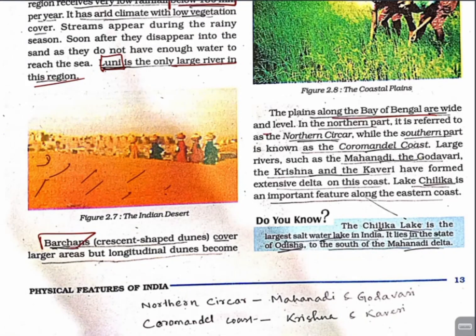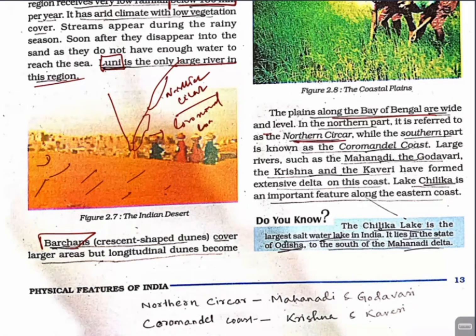In the northern part, it is referred to as the Northern Circars. Suppose this is the peninsula, and this part is called the Northern Circars, while the southern part is called the Coromandel coast.